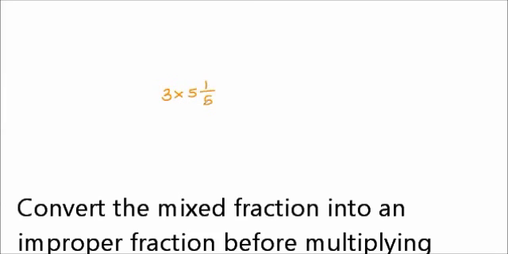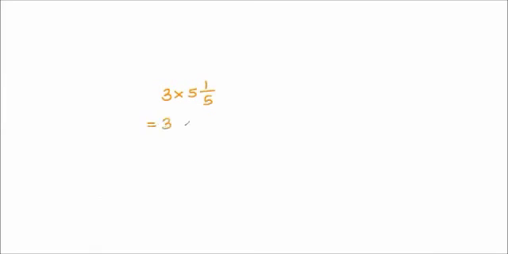Let's take an example where we multiply a mixed fraction. So 3 multiplied by 5 1 upon 5. While multiplying a mixed fraction, the first step is to convert the mixed fraction into an improper fraction. When we are converting the mixed fraction to an improper fraction, when we go from here to here, we multiply, and then whatever number comes, we go from here to here, we add.